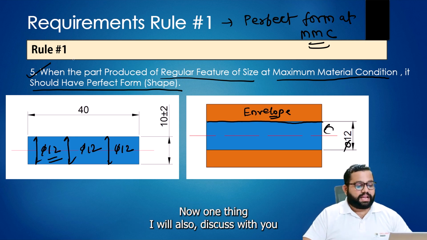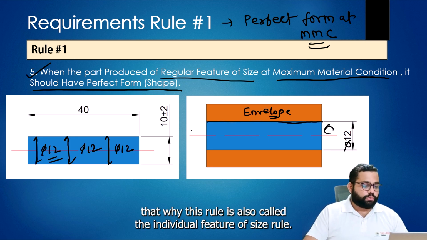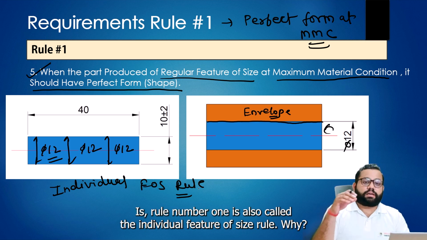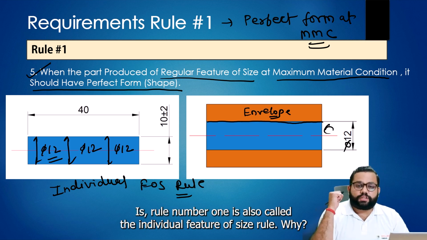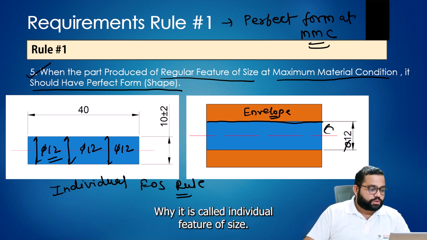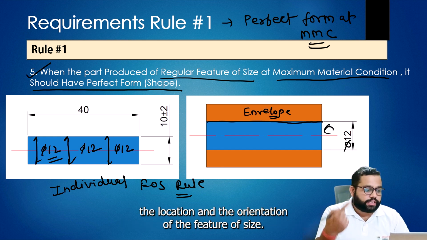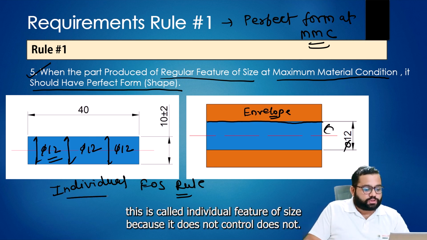Now, one thing I will also discuss with you is why this rule is also called the individual feature of size rule. Rule number 1 is also called the individual feature of size rule because it does not control the location and the orientation of the feature of size.